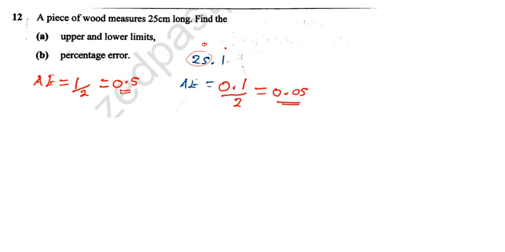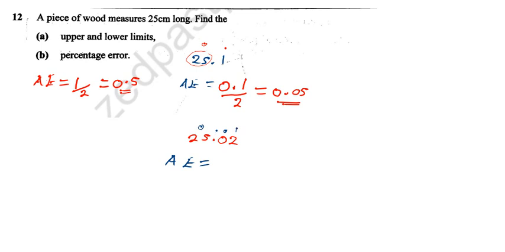Another example. If we had 25 with two decimal places, let me say 25.01, in finding the absolute error, this 25 will be a 0, and that 0 also will be a 0, and the last digit will be a 1.